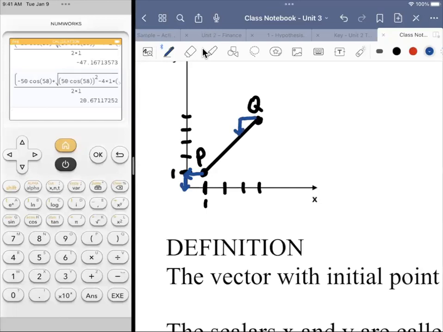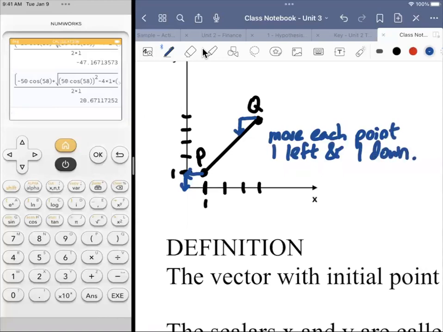So move each point one left and one down. That's not the case all the time. It's only 1 left and 1 down because that's how far P is from the origin. I could have gone 1 down, then 1 left. It didn't matter as long as I took into account the vertical and horizontal movements.